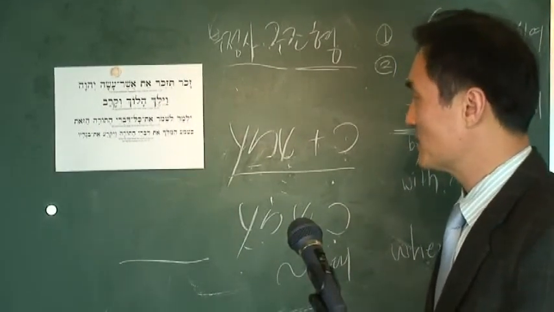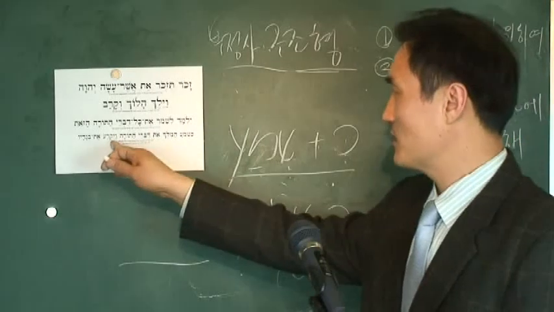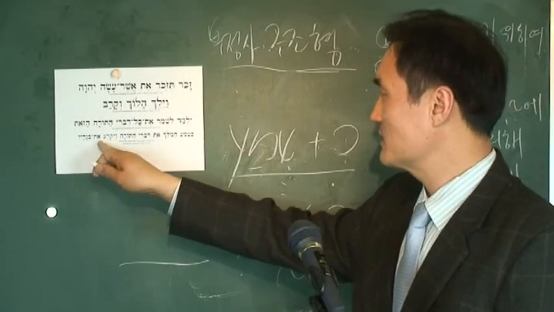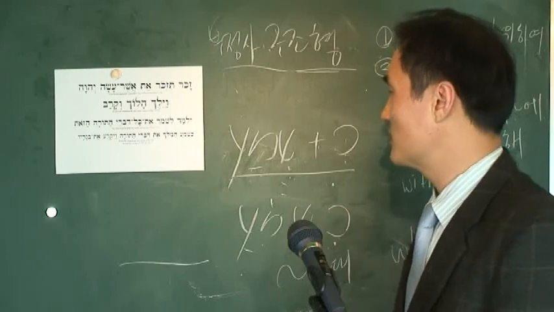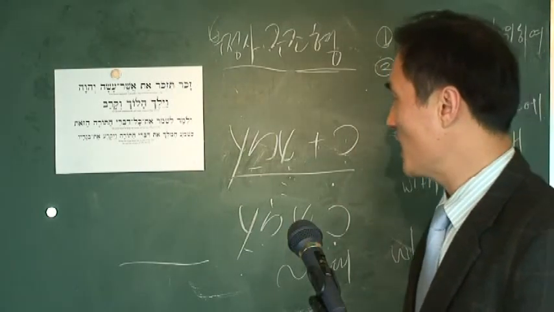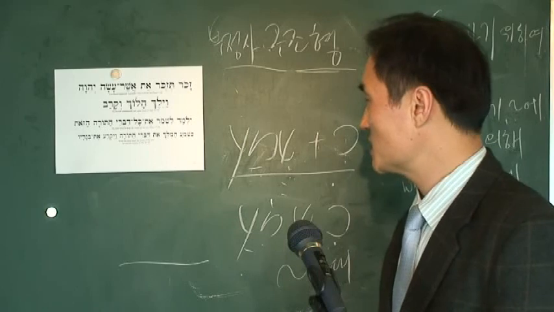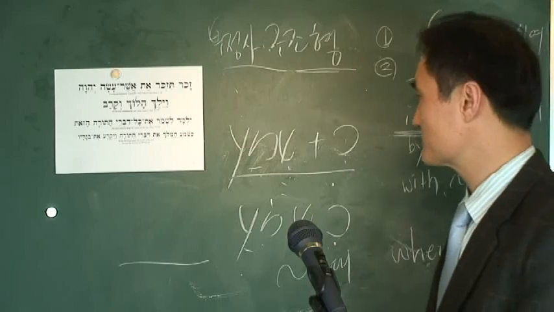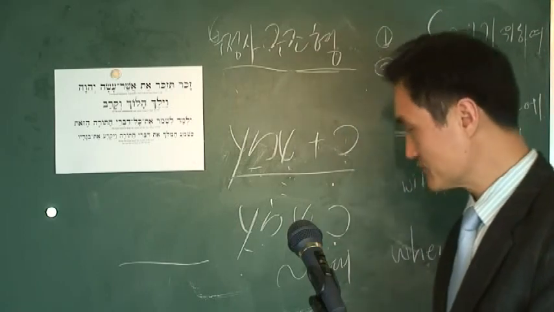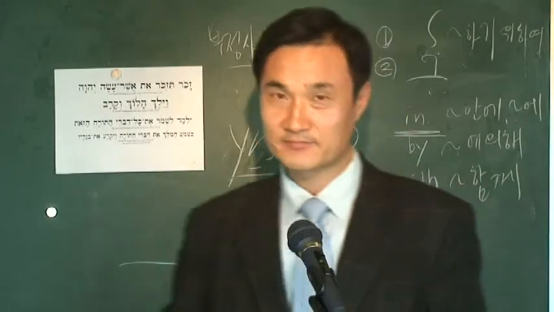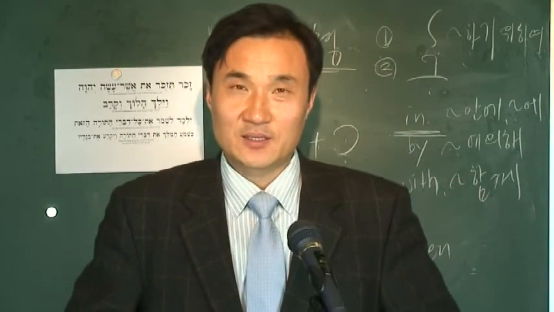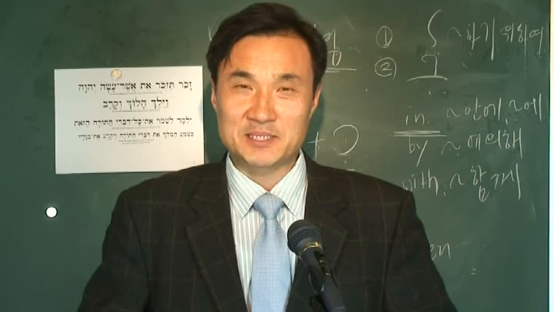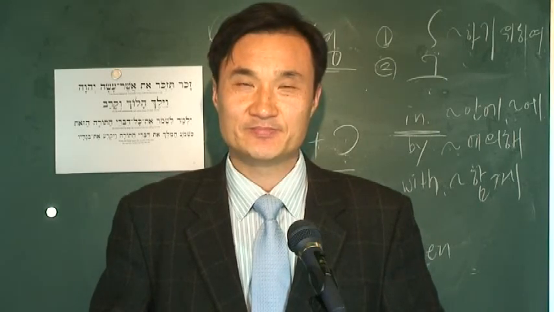Let's interpret the entire sentence. When the king heard the words of the law. The sentence Vaikra et bigdav means and he tore his clothes. With this, we will conclude the 8th lecture on Hebrew. Thank you.